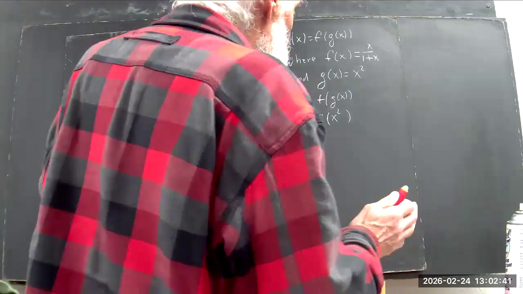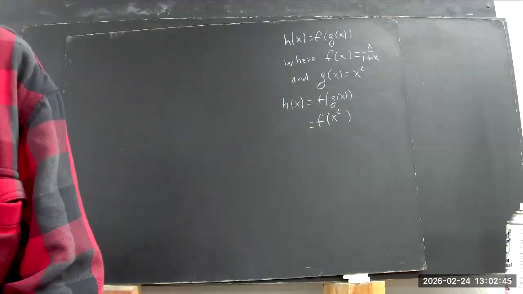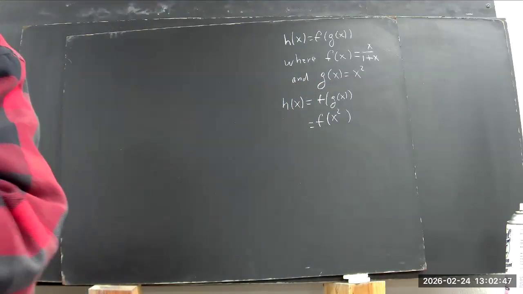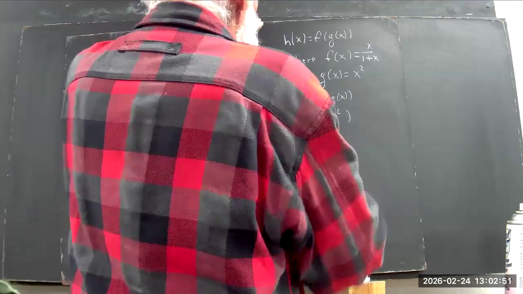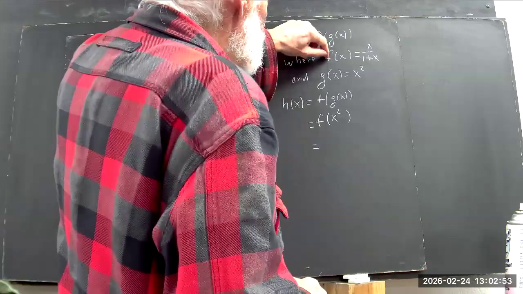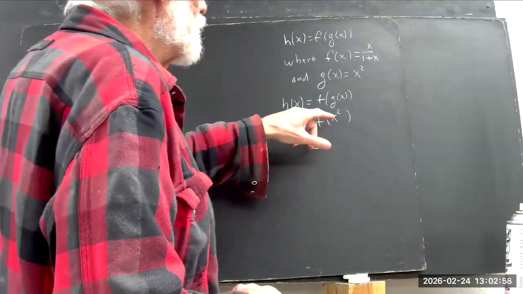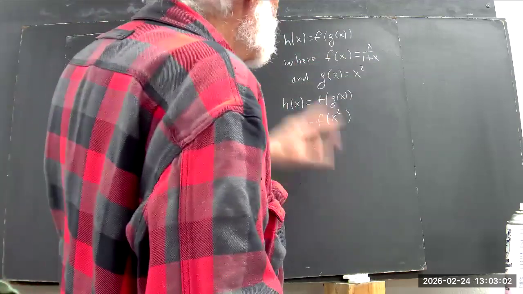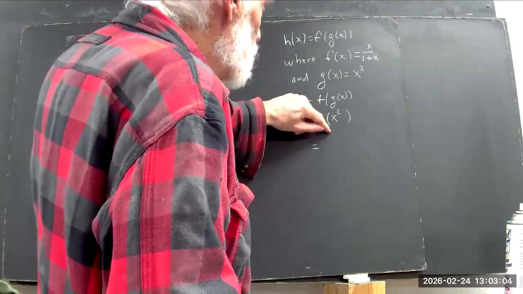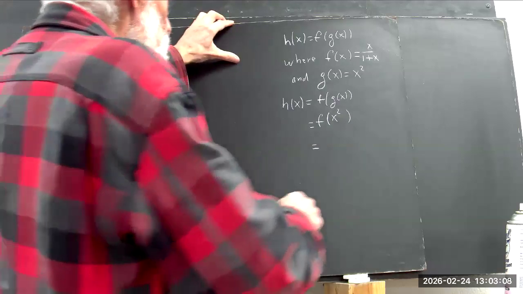Now, we're done with the g function. We don't keep looking back at g. We've already done what we need to do with g. We focus on f. Okay, what does f do? Well, f of x is x over 1 plus x. So f of x squared is x squared over 1 plus x squared. In other words, we replace each of these x's by x squared.